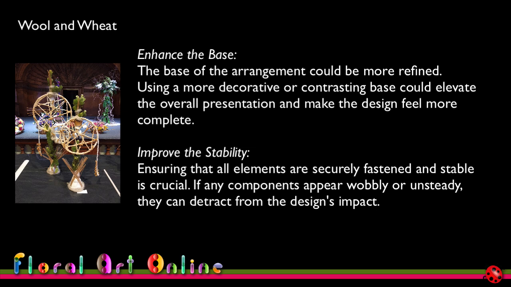Improve the stability. Ensuring that all elements are securely fastened and stable is crucial. If any components appear wobbly or unsteady, they can detract from the design's impact. Now, I found this a fascinating comment from our AI. All it looks at is this image. So I don't know what it thought looked to be unstable, unless it is the way that the pasta and wheat placements across the base look like they might be falling out.